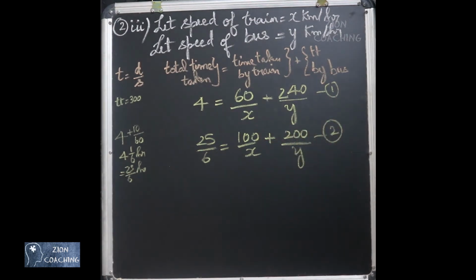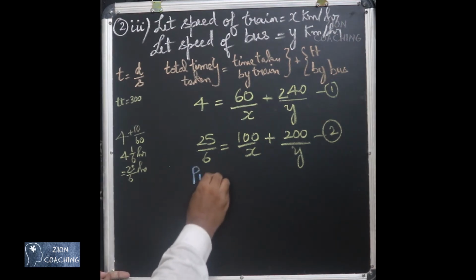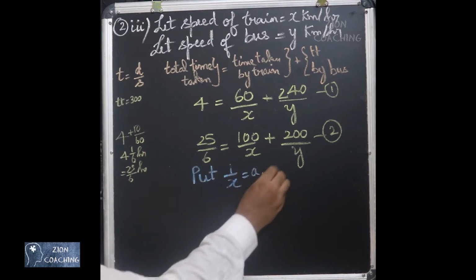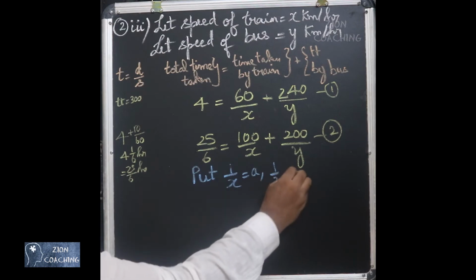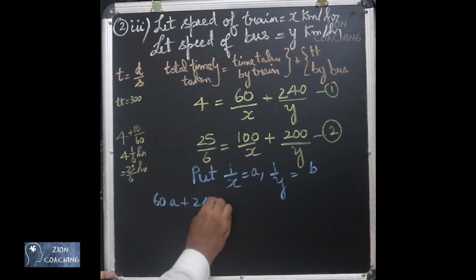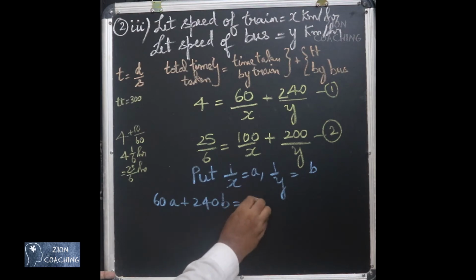Now we are going to substitute. Let us put 1 by x is equal to a, 1 by y equal to b. So we will have 60a plus 240b equal to 4.